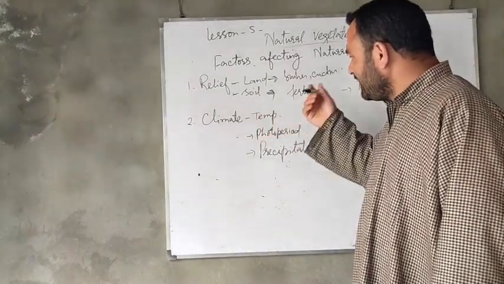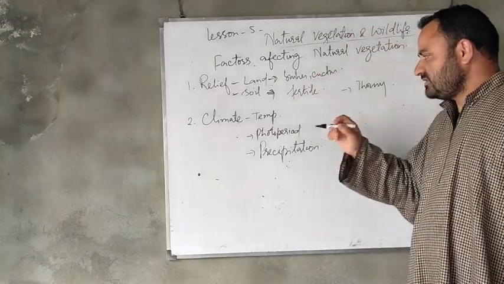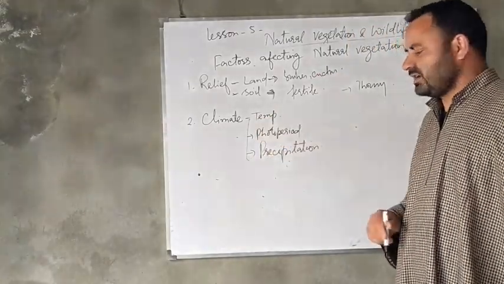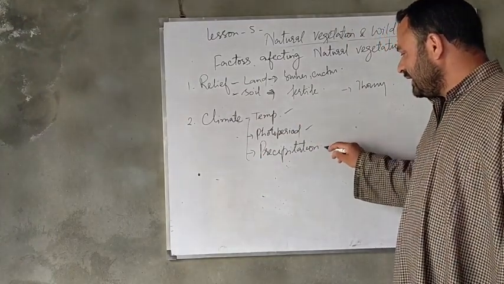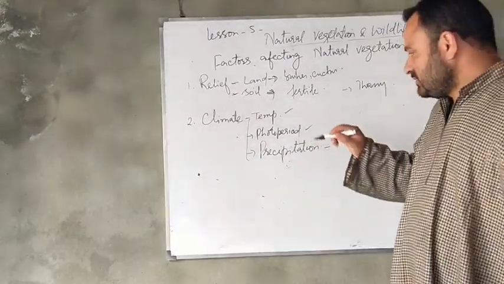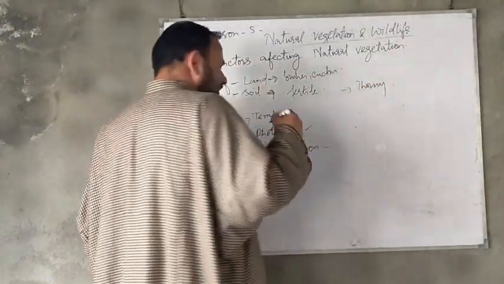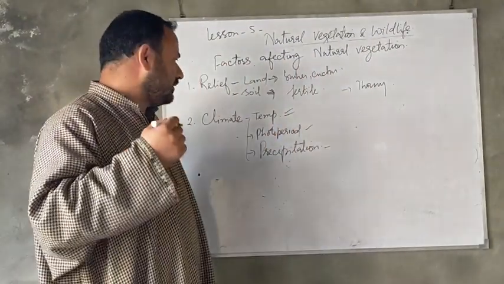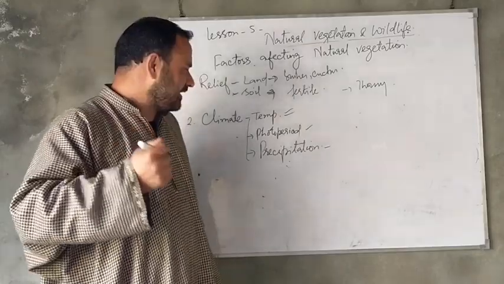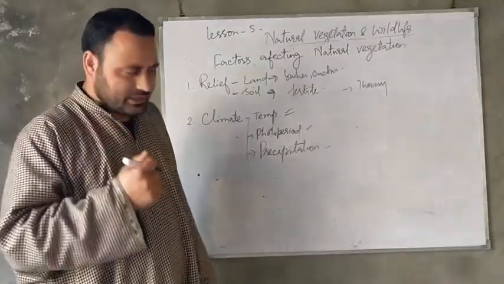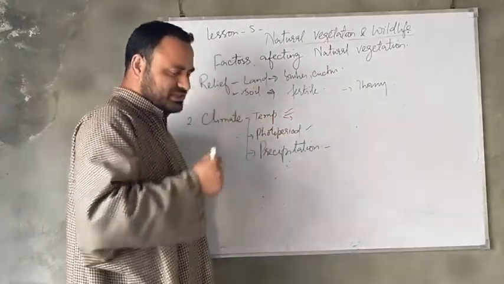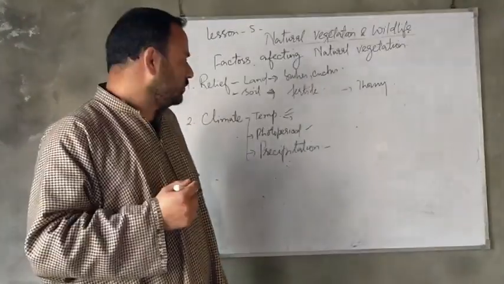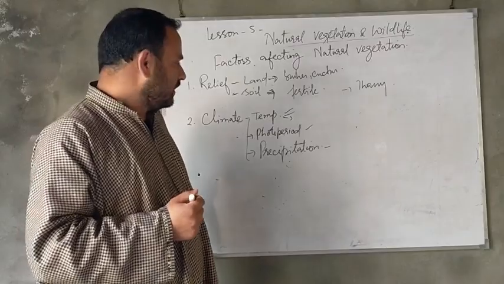And climate. How does it affect natural vegetation? Climate consists of three aspects: temperature, photoperiod and precipitation. Generally, here we are talking of India, the places which have more temperature, there is a huge growth of trees.